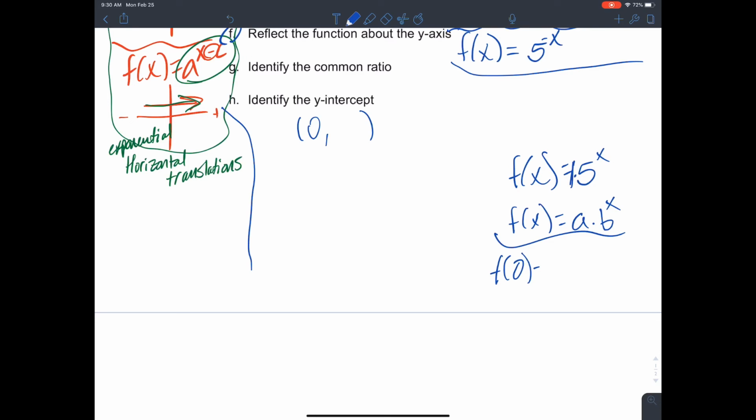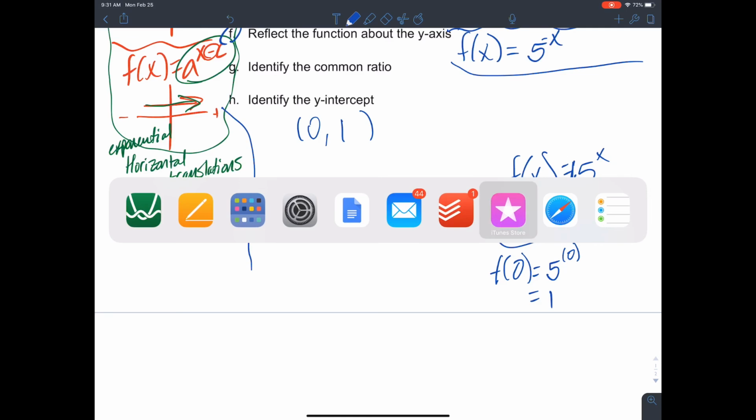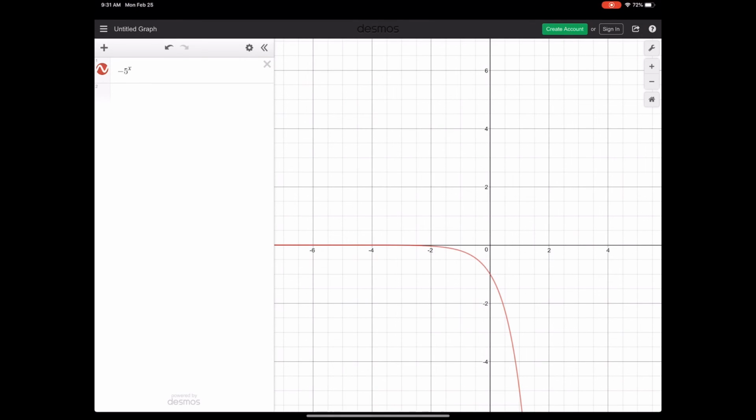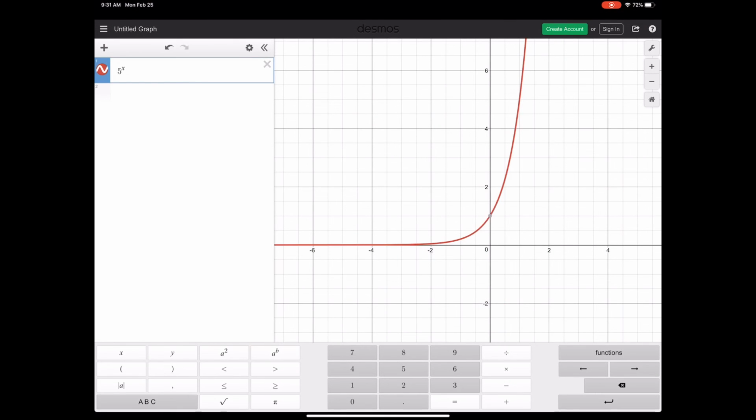F of 0 equals 5 to the 0 power. Anything to the 0 power is 1. So when x is 0, y is 1 is basically what it's saying. And if you go back to decimals again, check it out.